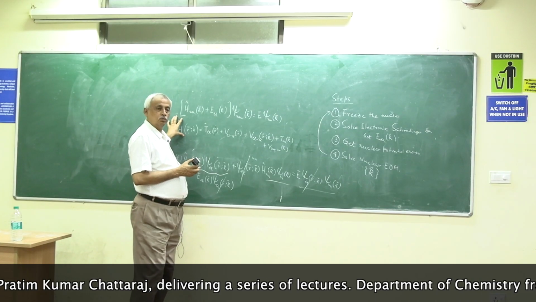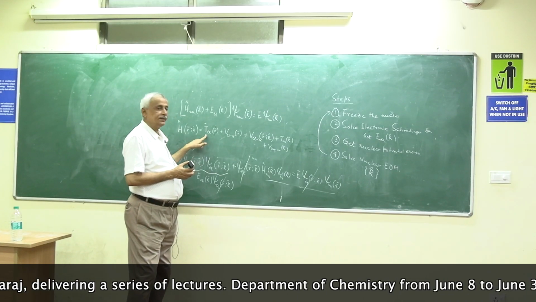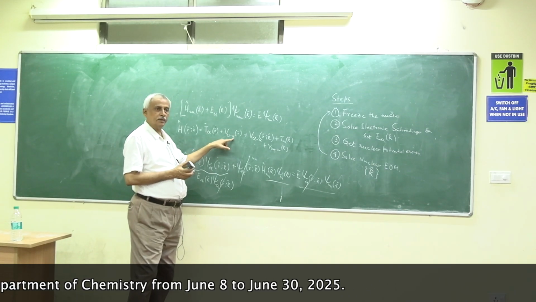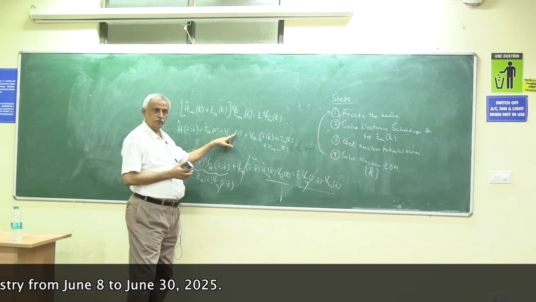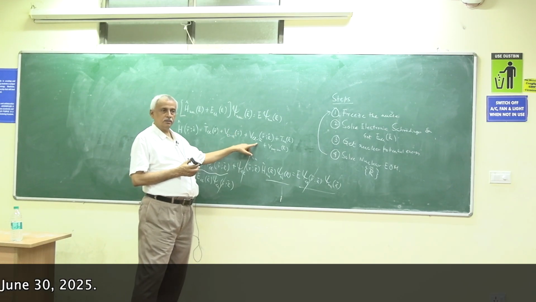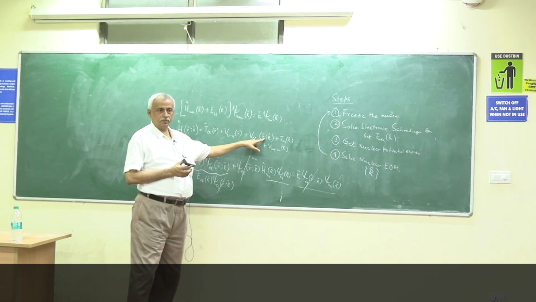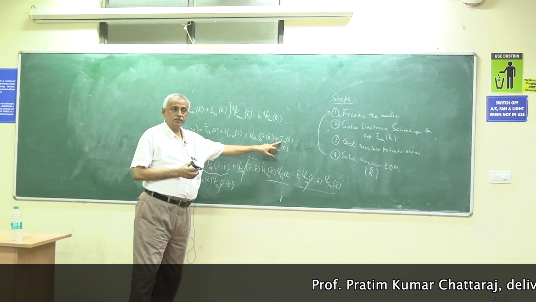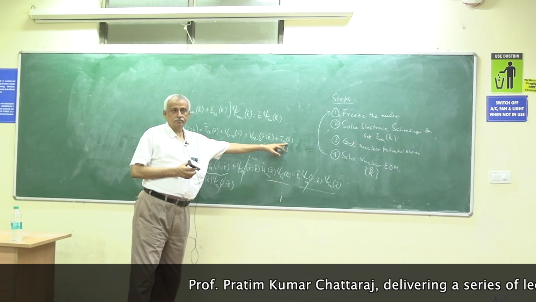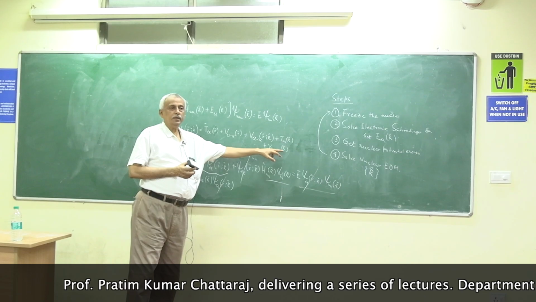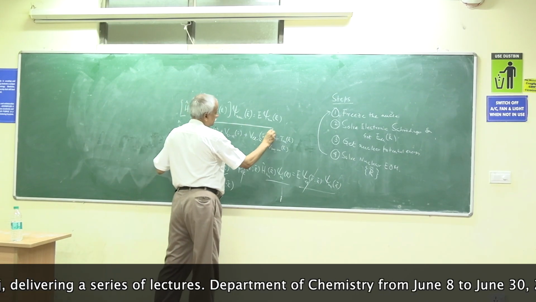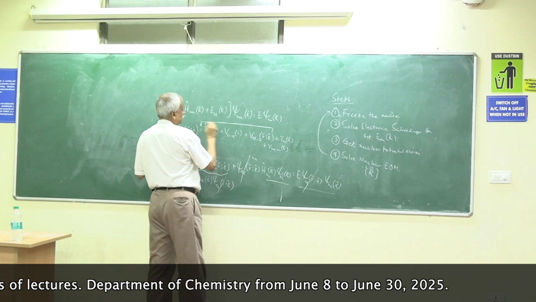So in the total Hamiltonian, the kinetic energy of the electrons will depend only on the electronic coordinates. Electron-electron repulsion will depend only on the electronic coordinates. Electron-nuclear attraction will have a parametric dependence on nuclear coordinates and also functional dependence on electronic variables. Kinetic energy of the nuclei will have dependence only on R, then nuclear repulsion. So this part is my H electronic.